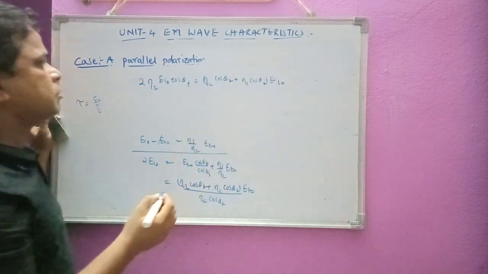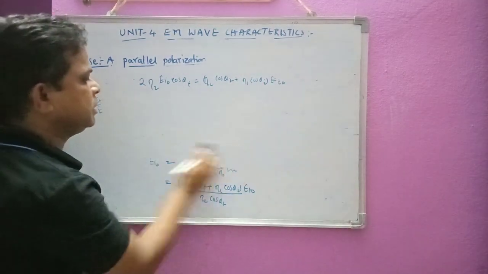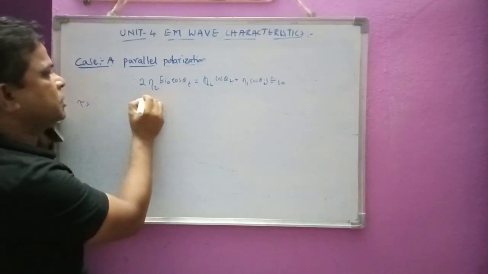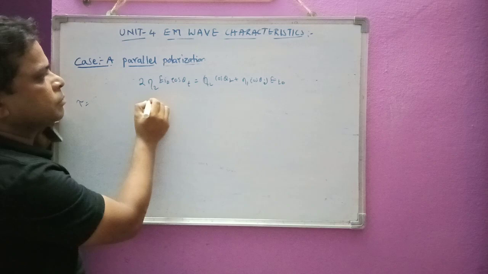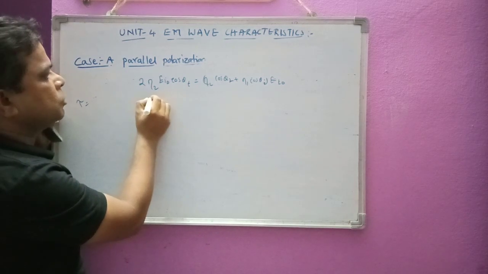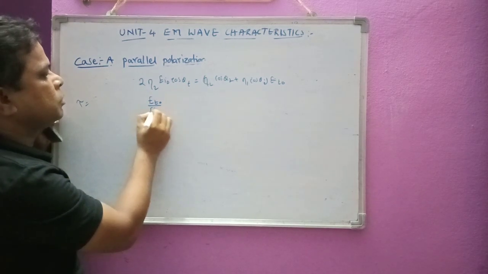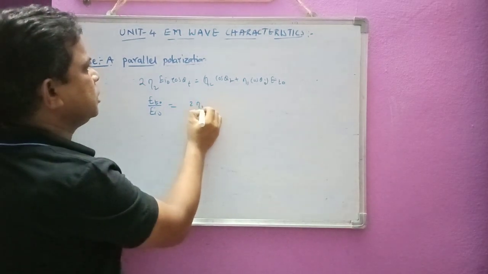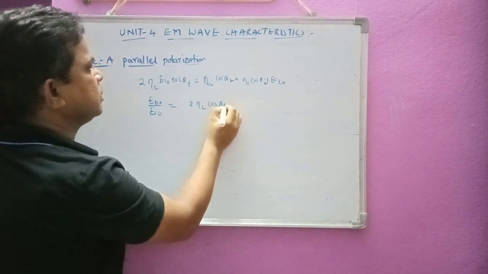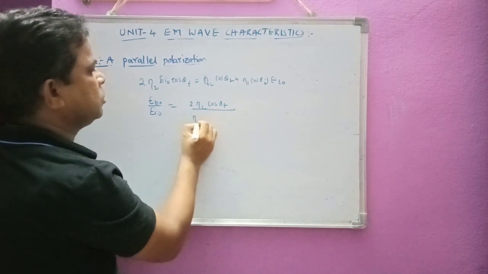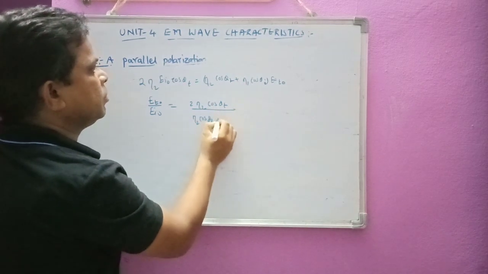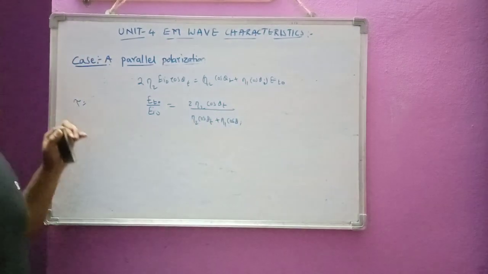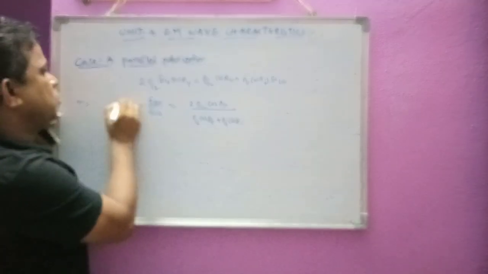Now I have to express this equation in terms of ET0 by EI0. Finally, I can write ET0 by EI0 as 2 eta 2 cos theta t by eta 2 cos theta t plus eta 1 cos theta I. So now we have got this as tau parallel.